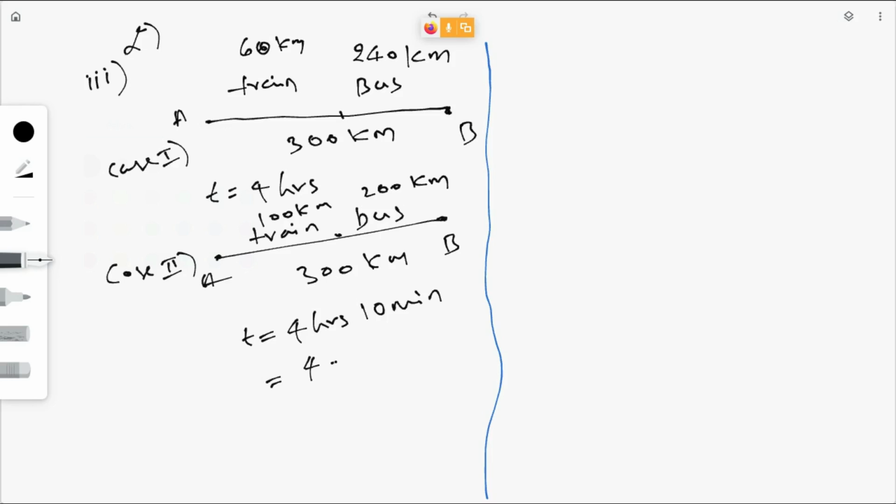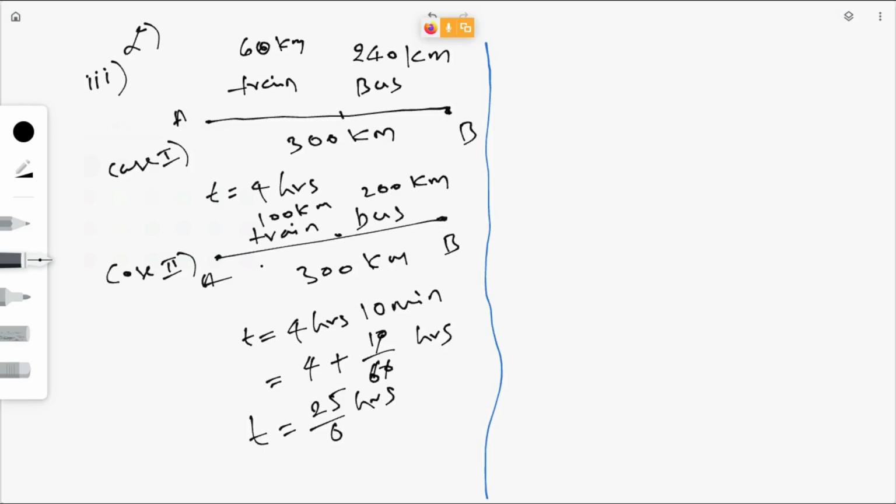If I convert this into hours, 4 plus 10 by 60, that is 25 by 6 hours. Am I right? That is the total time taken by Ruhi to travel A to B when she travels 100 km by train and then 200 km by bus.